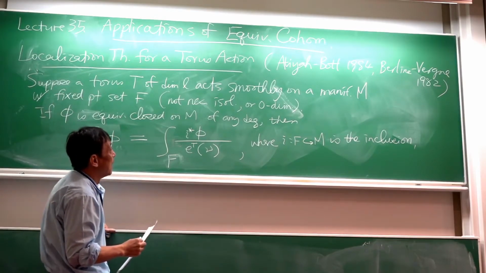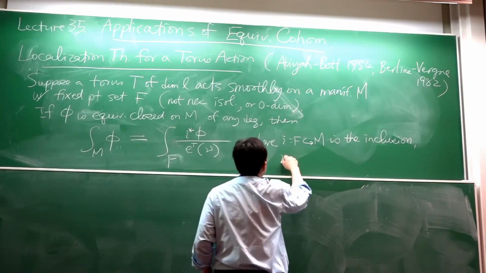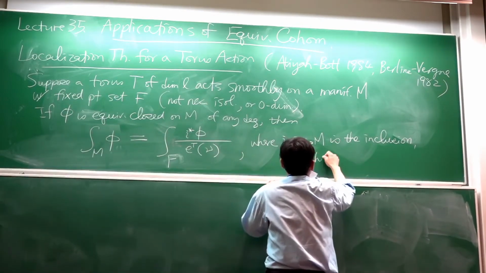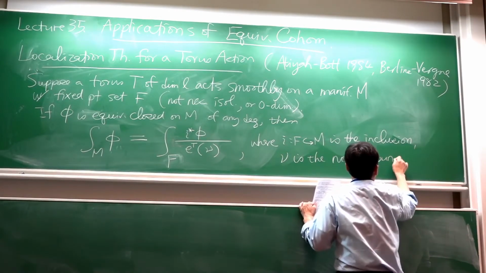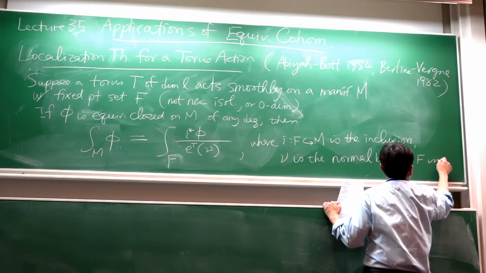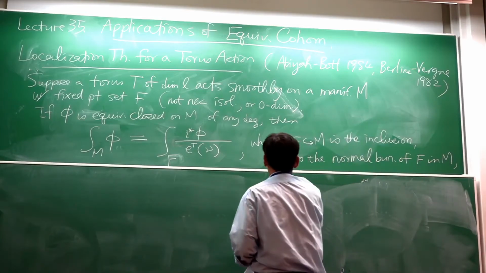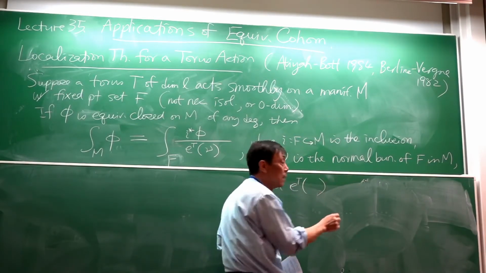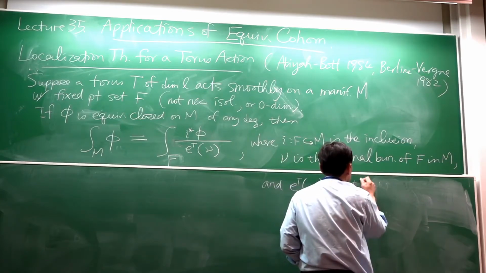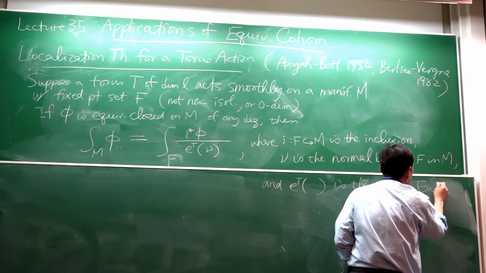Here i is the inclusion, nu is the normal bundle of F in M, and e_T is the equivariant Euler class.